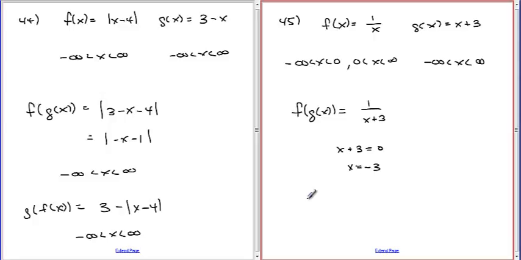So the domain in this case is from negative infinity to negative 3, and from negative 3 to positive infinity, but not including negative 3. Or you could say all real numbers except x equals negative 3.